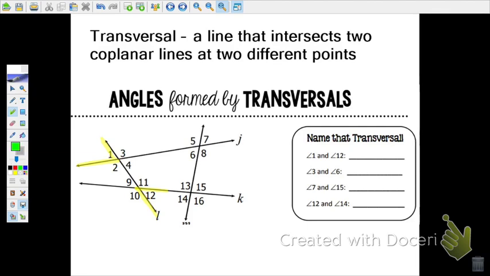Line L is needed to form both angles. So line L is the transversal for those two angles. My yellow lines, J and K, would be those two coplanar lines. The green is that transversal.